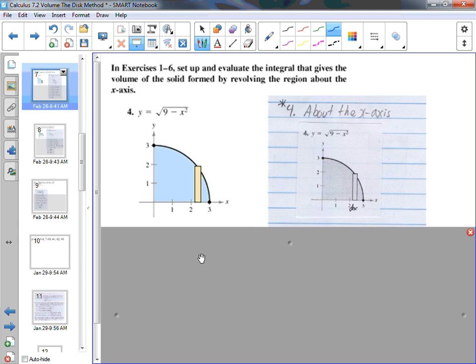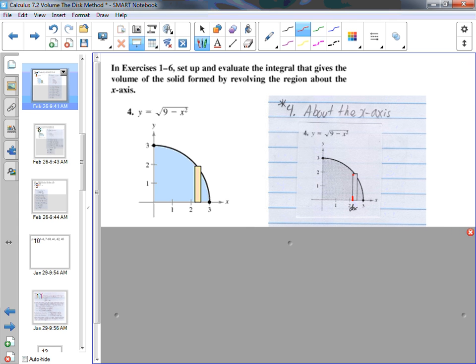Okay? Now, we know what the height of the cylinder is. It's dx. We know that it's pi r squared h for the volume. Pi, not a problem. H is dx. R. We need r. So, the radius is the distance from the axis of revolution to the far edge of the rectangle, or the outer edge of the cylinder.